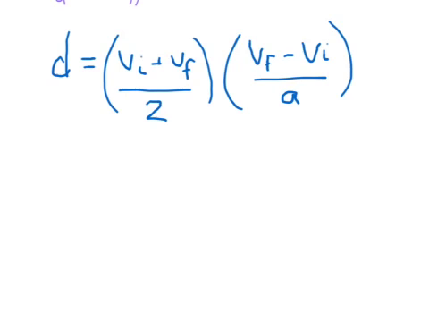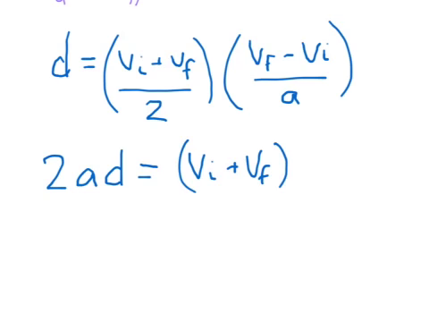So if we times by 2A, that means the left hand side is 2Ad. You can already see that part of the equation coming out, and we've got Vi plus Vf with the 2 cancelled, and Vf minus Vi with the A cancelled.